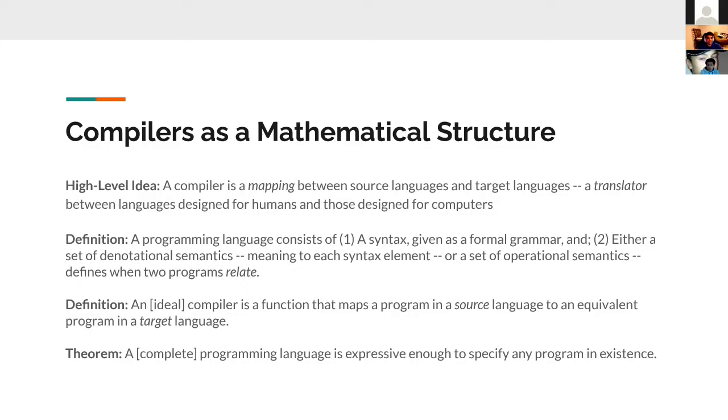There's also no rigorous definition of what a compiler does, but you can think of programming languages as sets of programs. An ideal compiler is literally a function, a mapping from your programs in the source language to an equivalent program in the target language. I say equivalent because they're supposed to do the same thing.